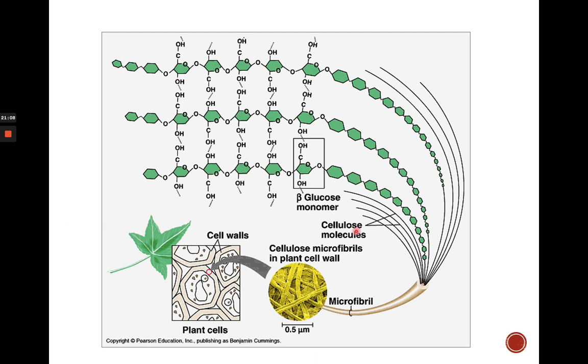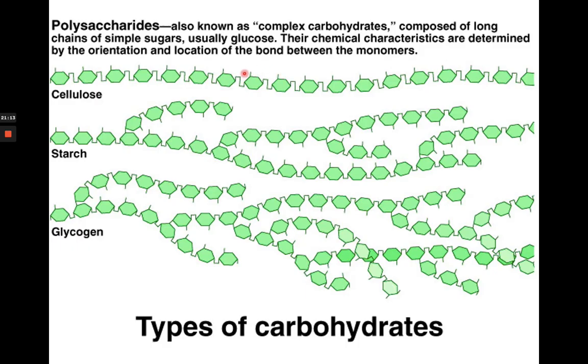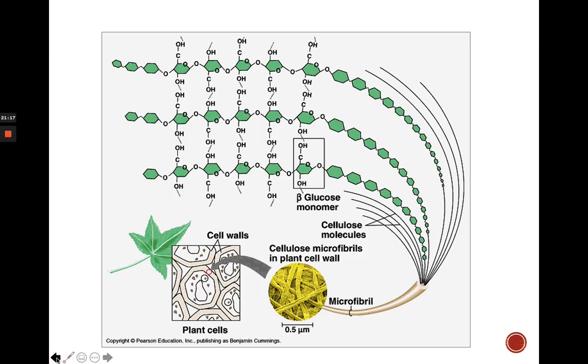So here's an example of a polysaccharide. So look at this. Look at all the different sugar molecules that are joined together. And if we break it down, all of those would be glucose monomers. And then you can look down here, you can see them in the plant cell walls.